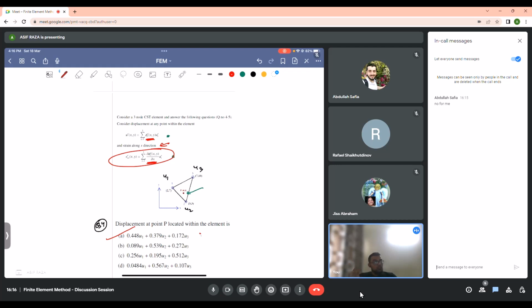To simplify that, we came up with the master and slave element thing, and consequently there is a parametric, or you may say isoparametric, formulation also. I hope I'm not wrong.